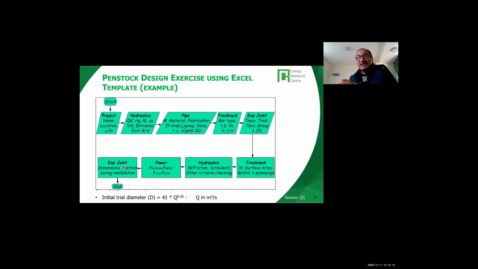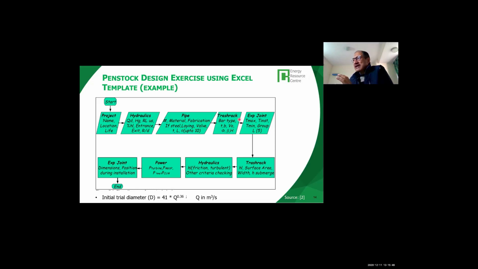So you could open that, and in the worksheet you will see that you give the design discharge, the design head, and the water level upstream and other inputs, and then you also have the entrance, exit, and the bends. Then you calculate the head loss. So you get the percentage head loss. Then based on that, you select the material.